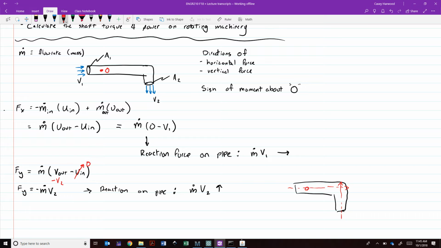And if this is point O, then just by inspection we can see that the forces on the pipe due to the water flowing through it would cause a counterclockwise moment. Right?